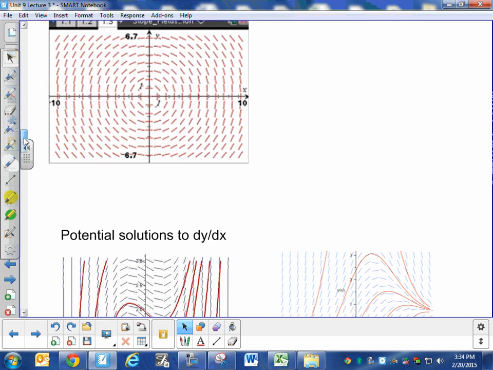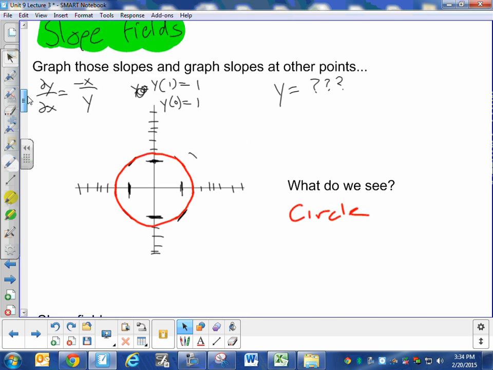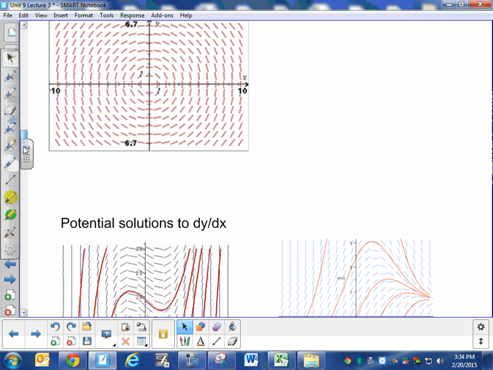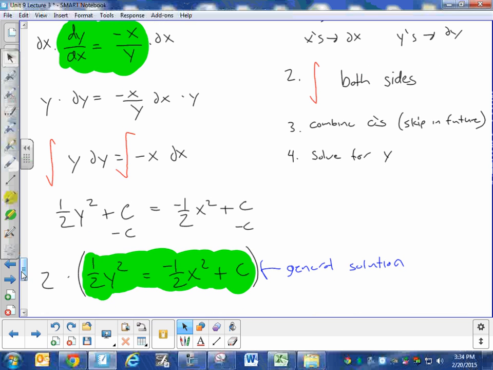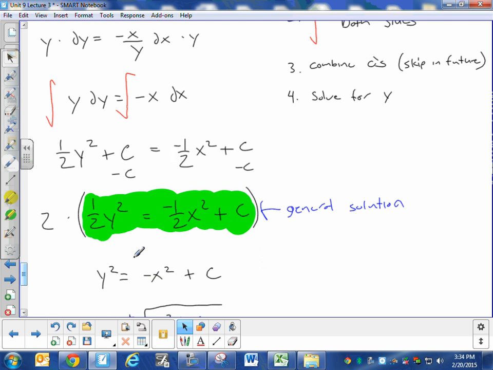Let's go back. We already solved this. We already know what the equation is that has a derivative of -x over y. We said it was that. Is that an equation of a circle? I don't know. It doesn't look like it, but you multiply by 2, all of a sudden it looks like this.